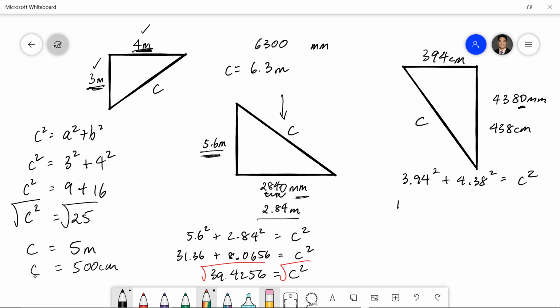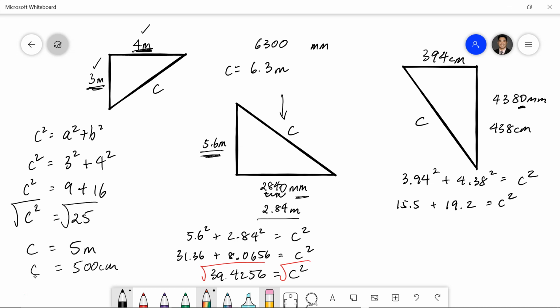Now, the only downside to this is that you're going to be, I guess, rounding things off, perhaps, along the way. Maybe your answer is not going to be as accurate. But it is still an approach worth considering.